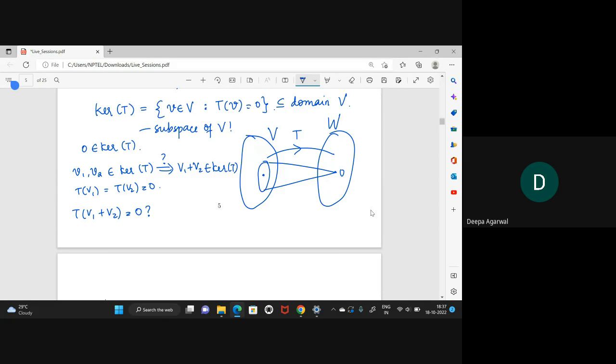Because it's equal to T of V1 plus T of V2, and both are 0. We already know these two are 0. So T of V1 plus V2 is equal to 0. So this is true. Is this clear? Yes. Now can you similarly check alpha times V1?